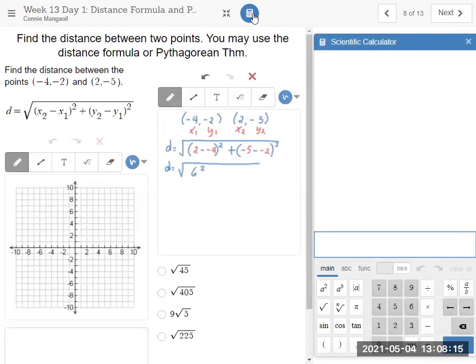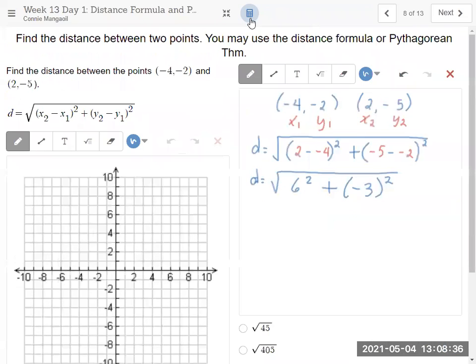I don't want you to be guessing. -5, you can use that minus sign. -5 minus -2. It will give you -3, okay? So this one is -3 squared. All right? -5 minus -2 is -3.